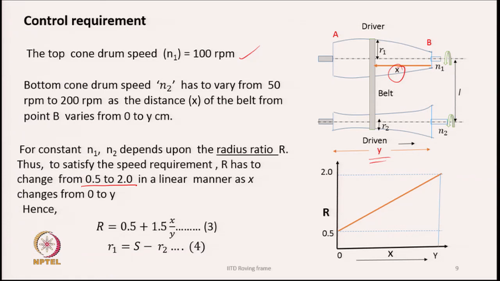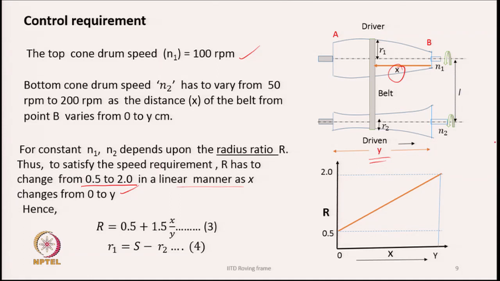So, 1:4. Therefore, in this case the ratio of the drum diameters should vary from 0.5 to 2, and if we take the ratio of 2 and 0.5, we get a ratio of 1:4 again. So, this must change from 0.5 to 2 in a linear manner as x changes from 0 to y, because the maximum value of x is y and minimum is 0.